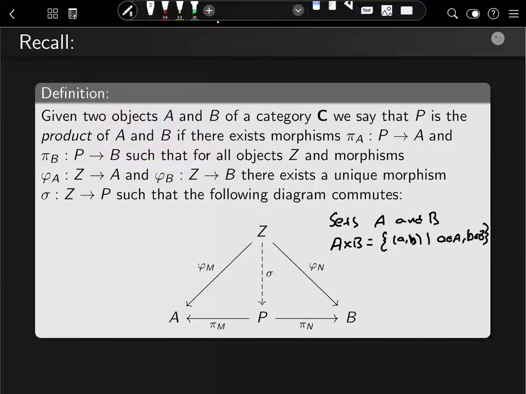Right, so one can check that in the category of sets, the Cartesian product satisfies this definition of products. And what this definition really captures is the way that the product sits in its ambient category, the way that it behaves with respect to other morphisms.